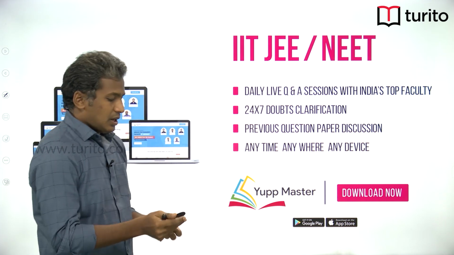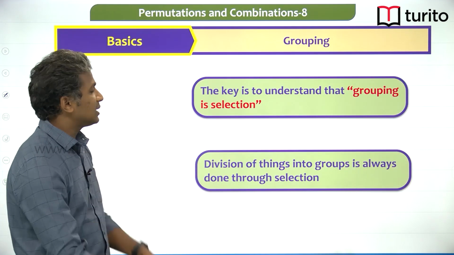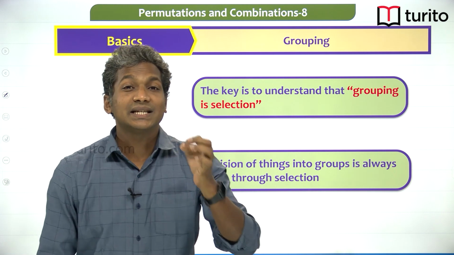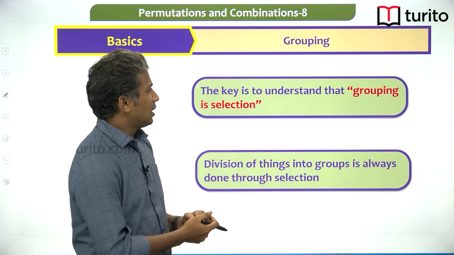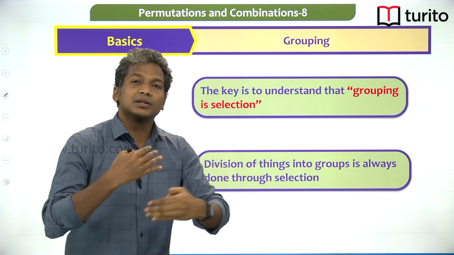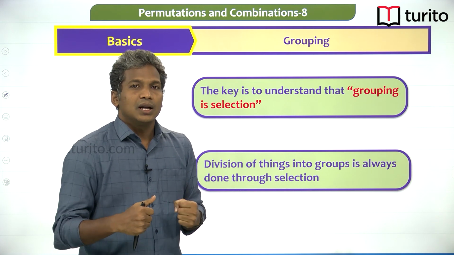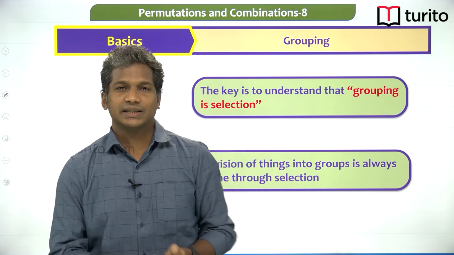So, any concept has a fundamental crux and a fundamental idea. So, grouping is basically selection. This is the fundamental idea of grouping. Now, whenever we want to understand the process of grouping, we have to understand the process of selection. Now, we already have understood the process of selection from our first lecture.